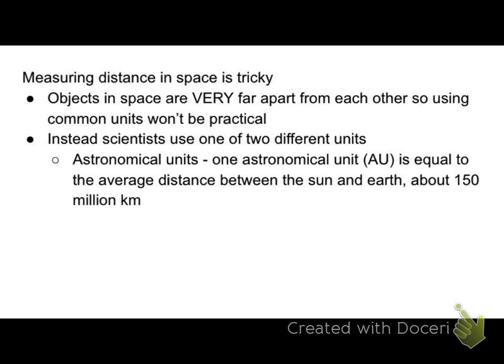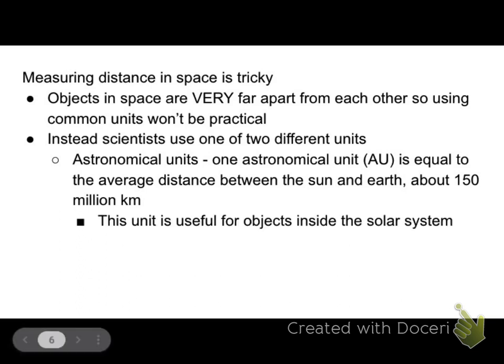Okay? This unit is used for measuring the distance between objects that are inside our solar system. It's convenient because it's easy to compare it to the distance between us and the sun, and it makes sense to our brains how far it is.